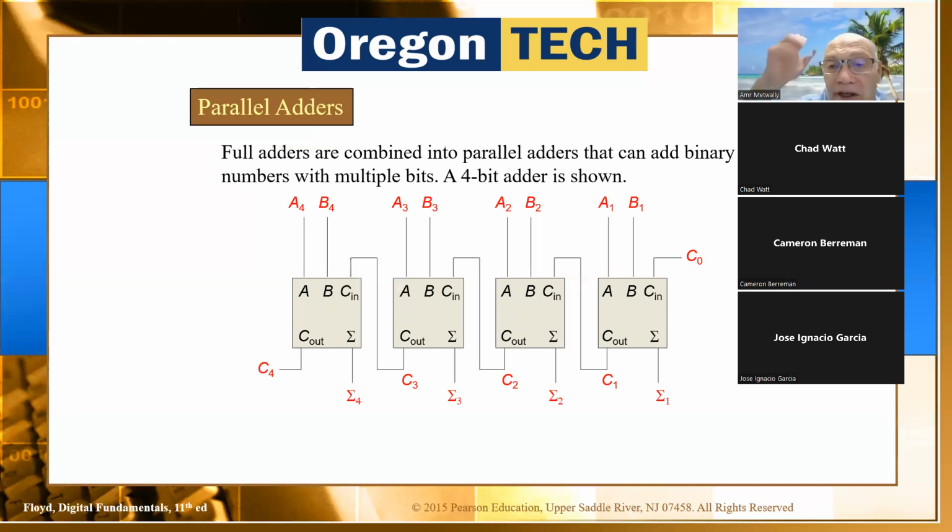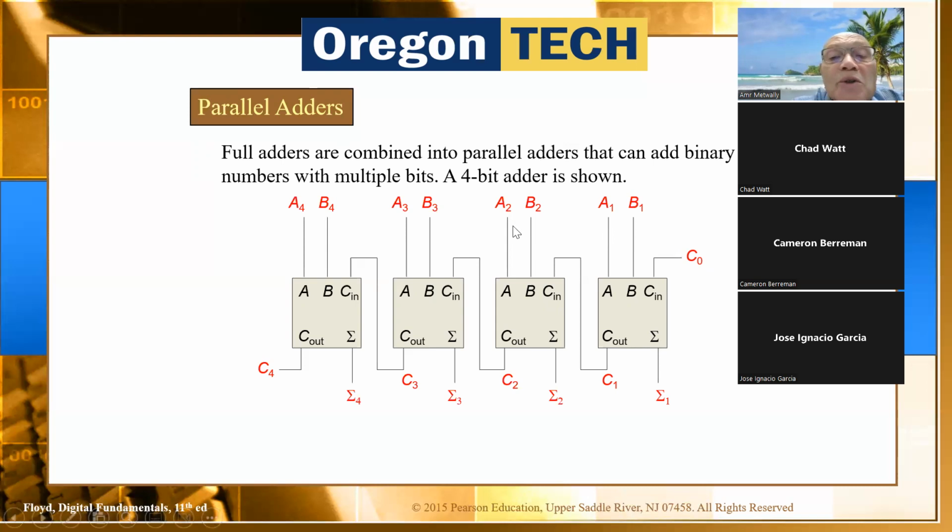What will happen if I need to add one number A that is 4-bit to another number B that is another 4-bit? The way to do it is I add the smallest 2 bits, and if there is a carry, it will come in here. And I will get a summation and a carry.